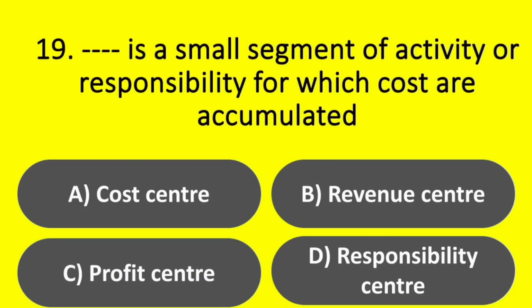Question. Dash is a small segment of activity or responsibility for which costs are accumulated. Option A, Cost center; option B, Revenue center; option C, Profit center; option D, Responsibility center. Answer: option A, Cost center.